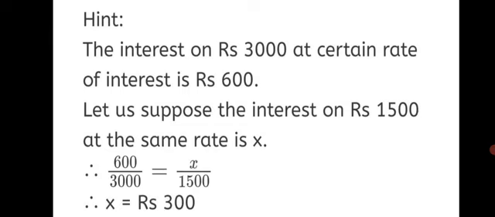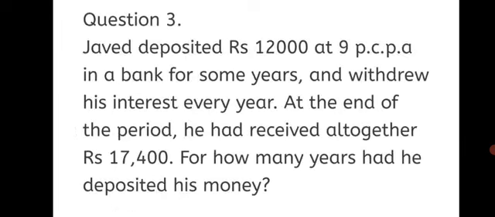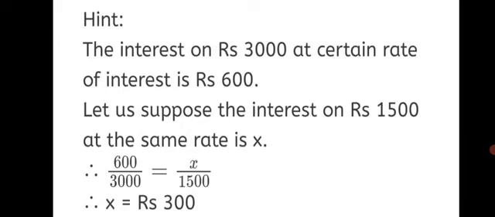X is equal to 600 into 1500 upon 3000. So you will get your answer as 300 when you solve it. So this way we know that the interest on rupees 1500 would be rupees 300, given the same rate of interest and same number of years.